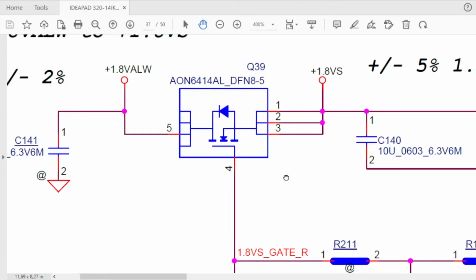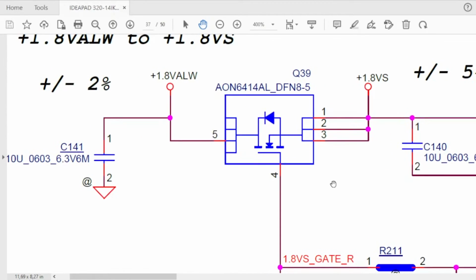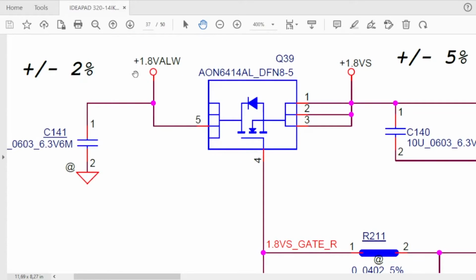After we check the circuit of this block, we can see that plus 1.8 VS is produced by this N-channel MOSFET from plus 1.8 V ALW. In the normal condition this voltage is normal, but when the motherboard is turned on, the voltage at this point is just about 0.9.